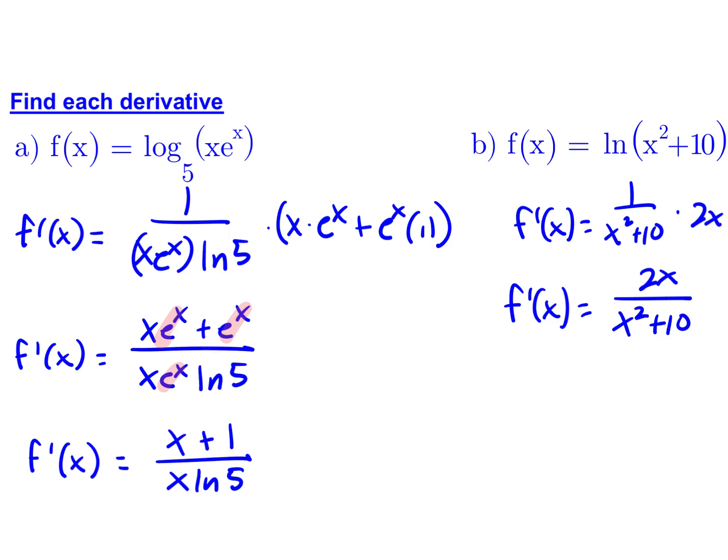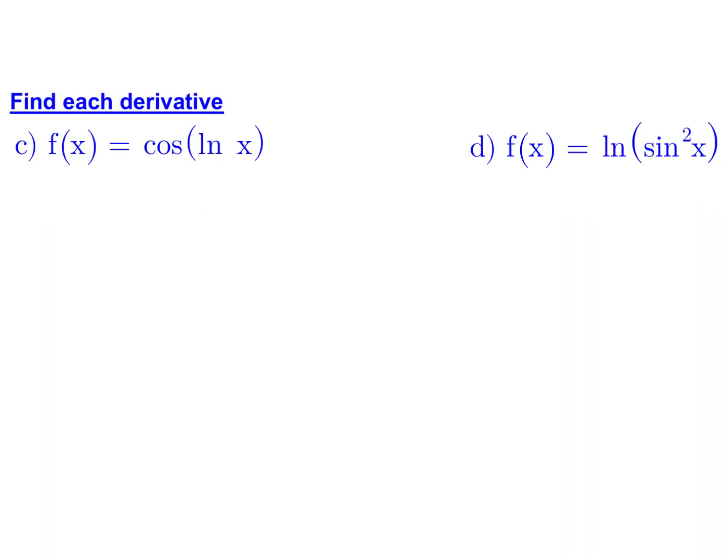Again, just using the formula, the derivative of the natural log is 1 over x. Over here, the derivative of a log base is 1 over x, or whatever we have here, times the natural log of 5. So those two aren't too bad. Let's look at the next two. Again, it's the same idea, and I mentioned this the other day.